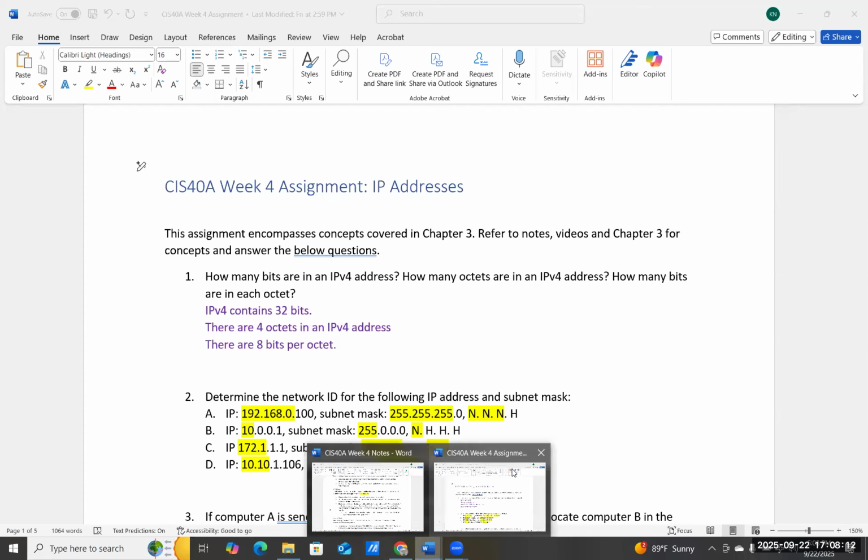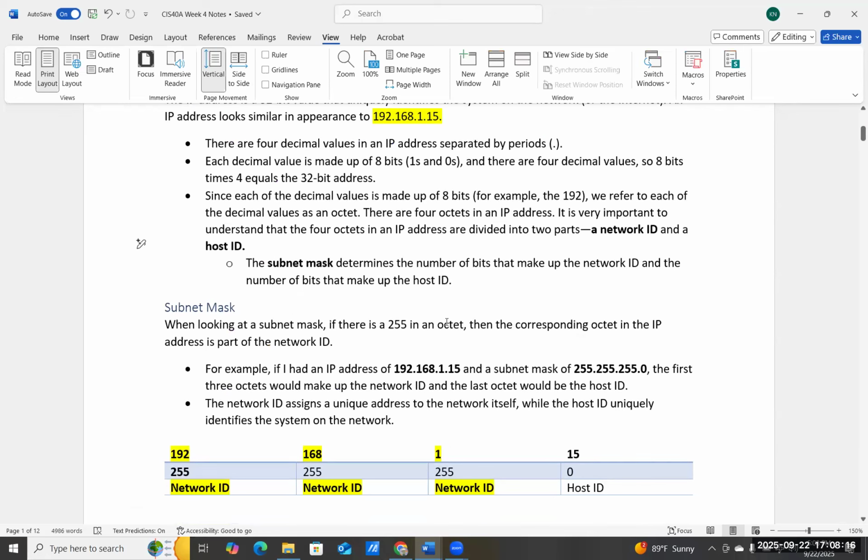All right. Before we go to the next one, let's talk about host ID and network ID. Network ID is very much like being in the same town as another person. For example, I live in Moreno Valley, and some of you might too, so we recognize ourselves as residents of Moreno Valley.